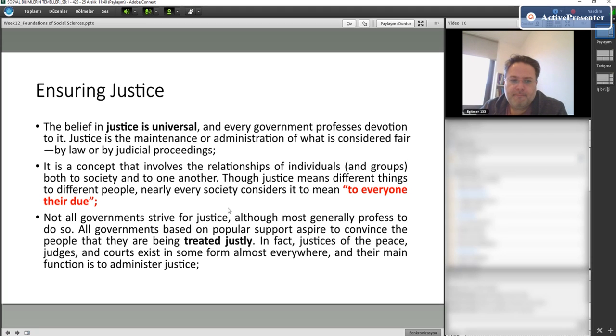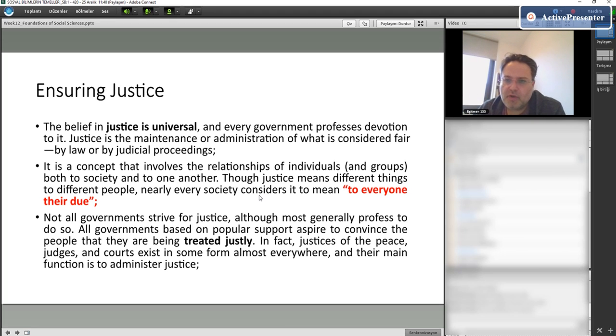And so in a way, you could summarize justice as whatever is due to everyone. So whatever you deserve, whatever you have done, you will receive. If you do bad, you will be punished. If you do good, you will be rewarded, right? So that's the logic of justice.